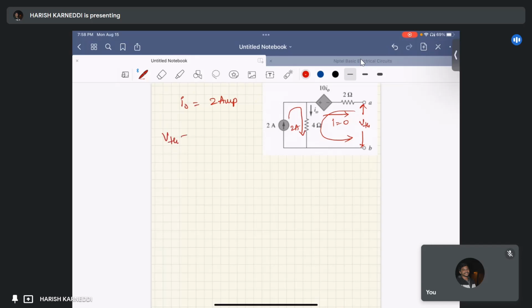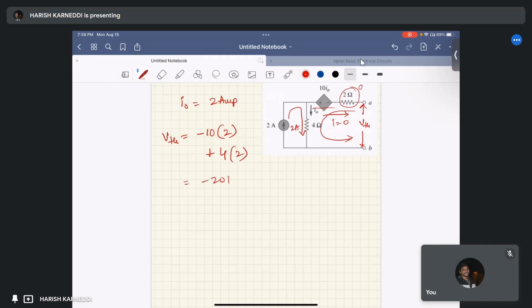VTH equals, the current through this 2 ohms is 0, so the voltage drop across this 2 ohm resistor is 0 volts, and minus 10 I naught, that equals minus 10 into 2 amperes, since I naught equals 2 amperes, and plus 4 I naught, that I naught is 2 amps.